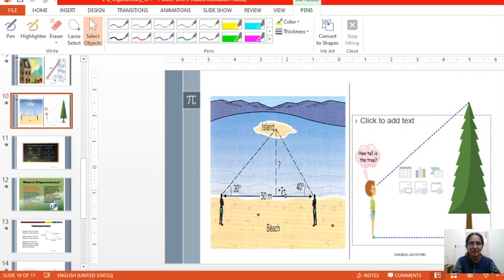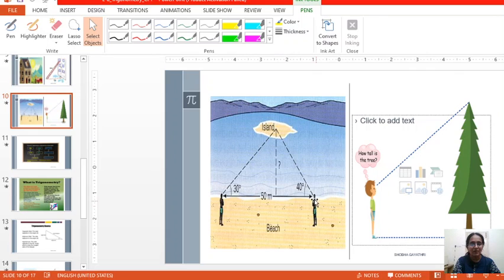Now in this first figure, two men are looking at an island from the shore. The distance between them is given as 50 meters. To apply Pythagoras theorem, we should know two measures of a right angle triangle. It is also a right angle triangle here.